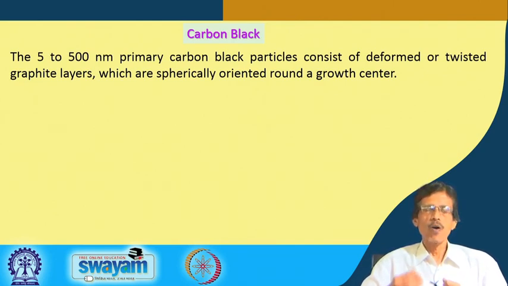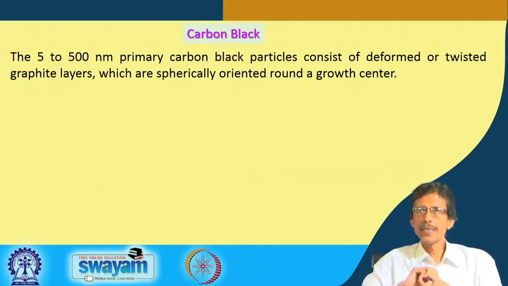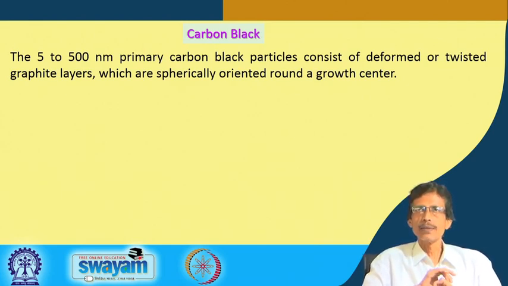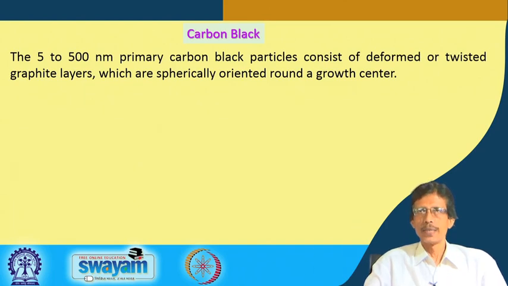So, the twisted form of that graphite layer is spherically oriented around a growth center. A small center is there, and the winding of the deformed graphite material is such that you get a small particle. Depending upon how many layers you have, you will end up with a particle size of 5 to 500 nanometer.